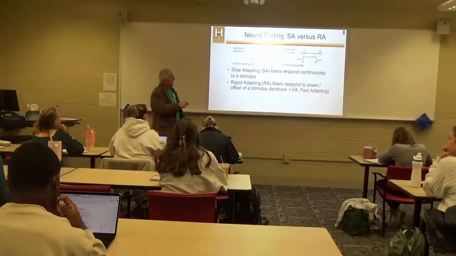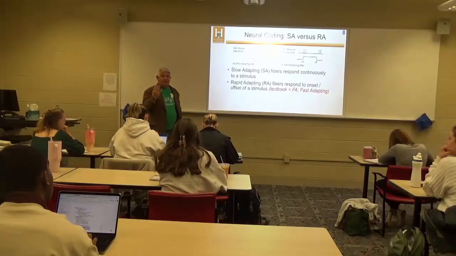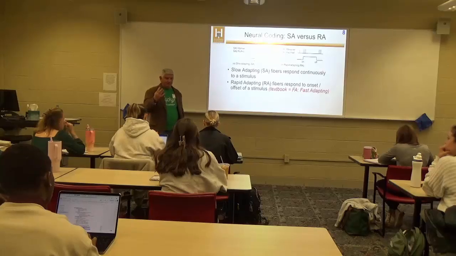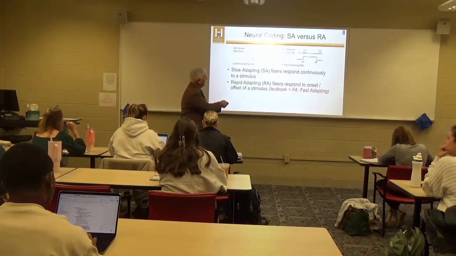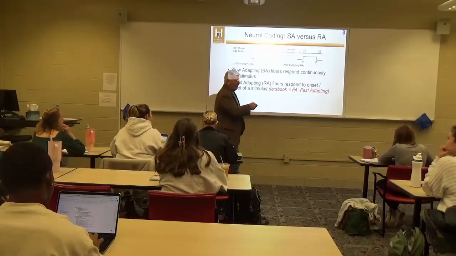But we have here, right, two different systems. It's almost like when we talked about lateral inhibition in the eye. What was the point of lateral inhibition? To enhance edges, to enhance contrast. So here we have two receptors that are designed to fire when something starts touching us and when it quits touching us.